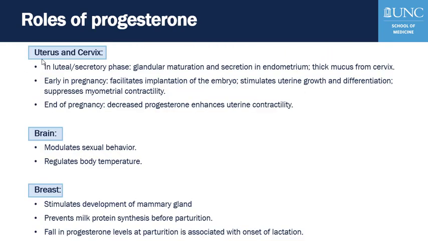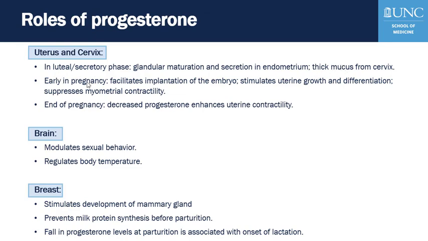And as we discussed, the major physiologic roles of progesterone are in the uterus, where it stimulates glandular maturation and secretion during the secretory phase, and it also acts in the cervix to stimulate the production of a thick viscous mucus.